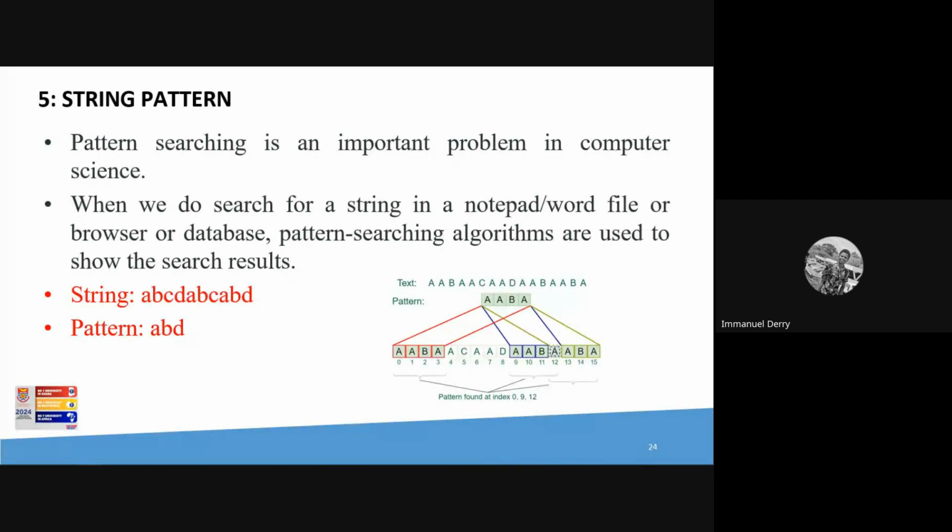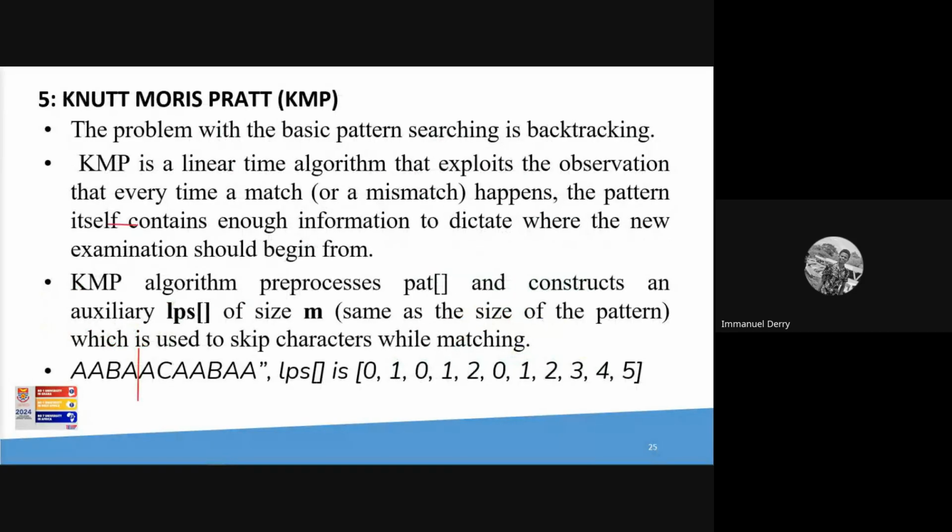And for us to be able to understand how the pattern search algorithm works, this man over here, Knuth Morris Pratt, wrote about the algorithm we use to search for patterns in our file or document. And we mostly call it the KMP algorithm.